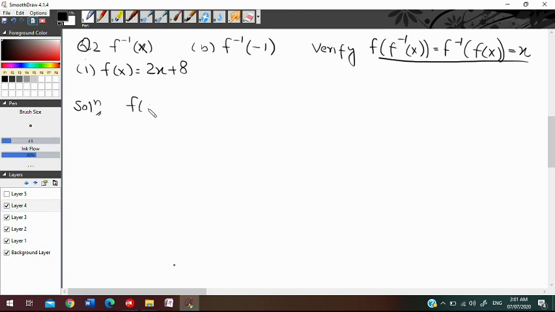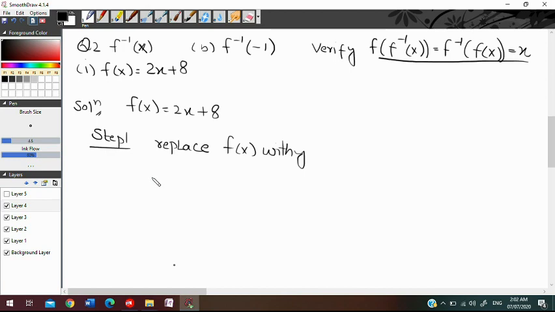F of x is equal to 2x plus 8, and as I have told you about the steps for finding the inverse function, what was step 1? Step 1 is we replace f of x with y.